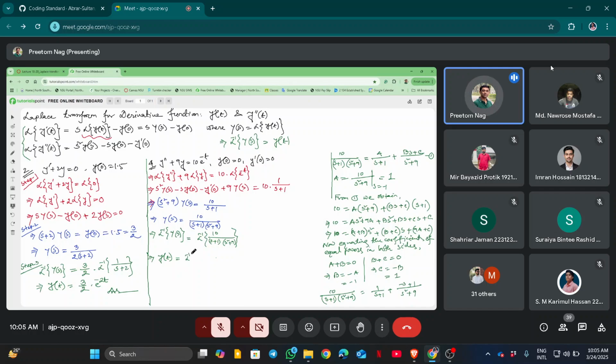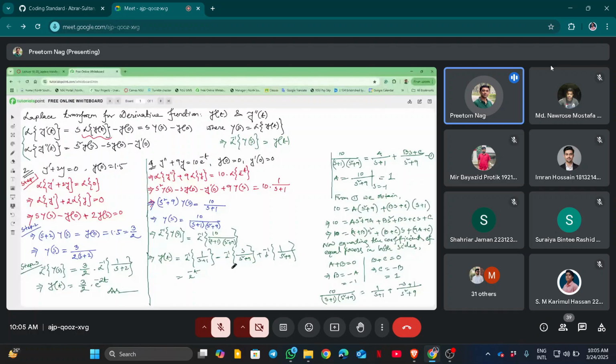Therefore, L inverse turns out to be 1 by s plus 1, minus L inverse of s by s squared plus 9, plus L inverse of 1 by s squared plus 9. If we apply the inverse to the right hand side, you will get this. L inverse of 1 by s plus 1 will be e to the power minus t.